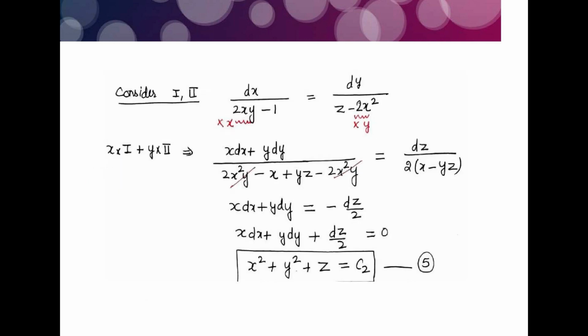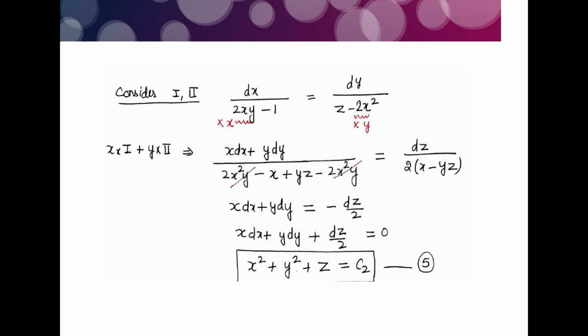Now for the second combination, we have to again look for the ratios. Consider first and second ratio. With dx in the denominator we have 2xy, and with dy we have minus 2x square. So if we multiply the dx ratio with x and dy with y, and we add these two, then this part will cancel out.